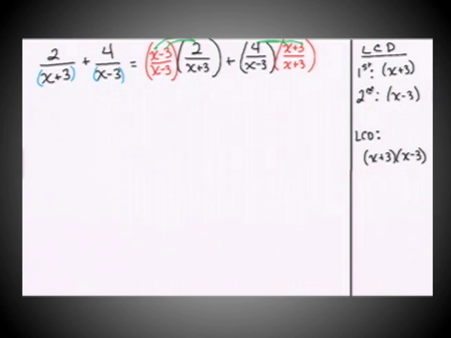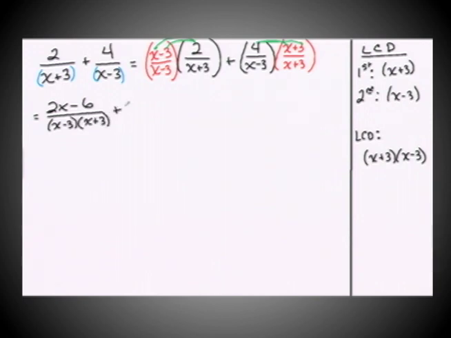So looking at that first term there, we go ahead and distribute the 2, and we get 2x minus 6 over our now common denominator. Remember, you just multiply fractions straight across, so our denominator is x minus 3 times x plus 3.